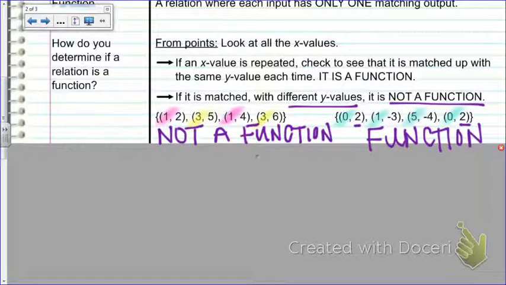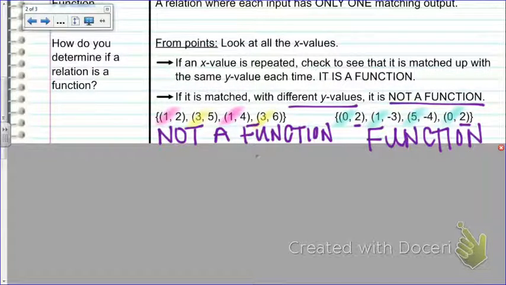Most of the time, you guys, a point will not be repeated. But I wanted to put an example just to show you what happens if it is. So usually it will be just one of each domain element unless it's repeated like in example 1.